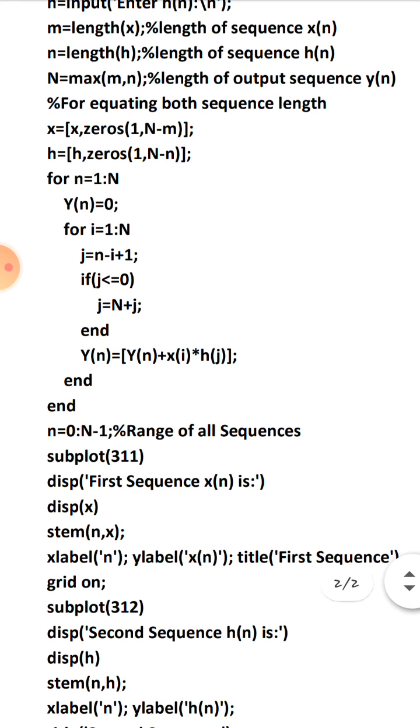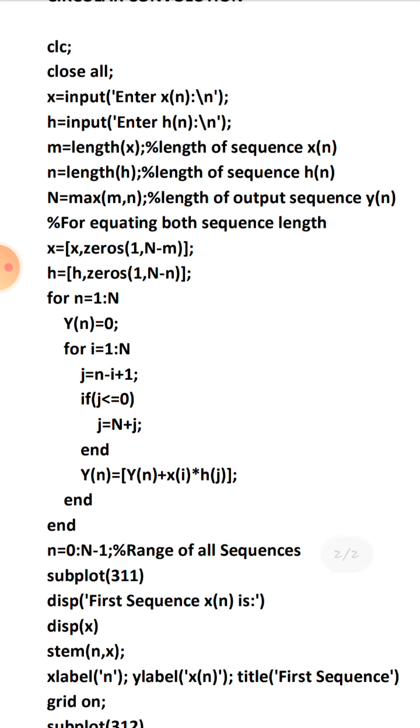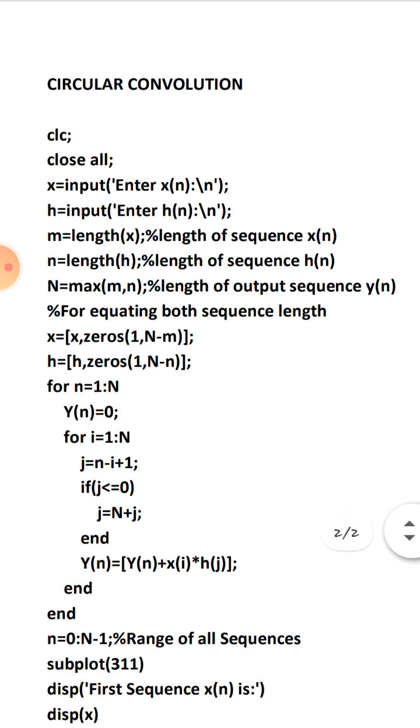Now for equating both sequence length, here we are trying to create the same number of length for the sequences. This is actually called zero padding. Like I said before, circular convolution can only be performed when you have two input sequences of the same length.